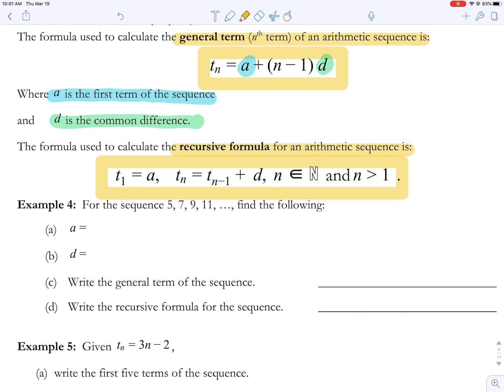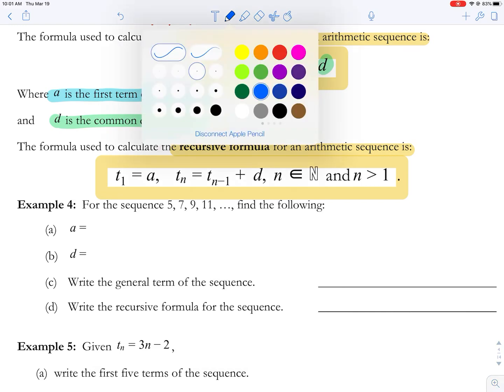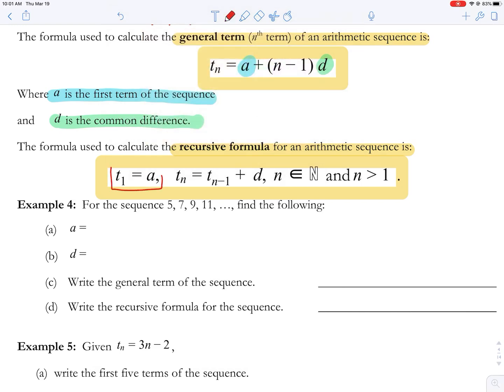So then we have to include two parts here. We have to include that the first term is the first term, and then the general term is going to equal the previous term plus the difference.